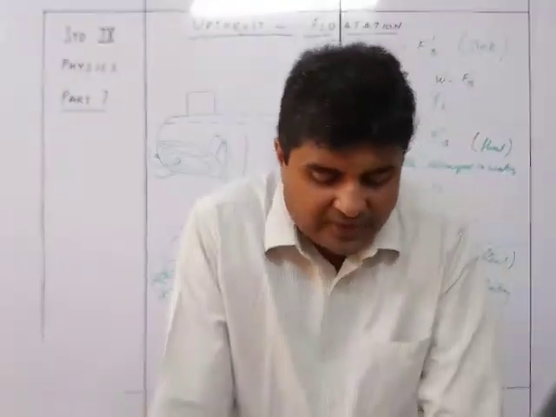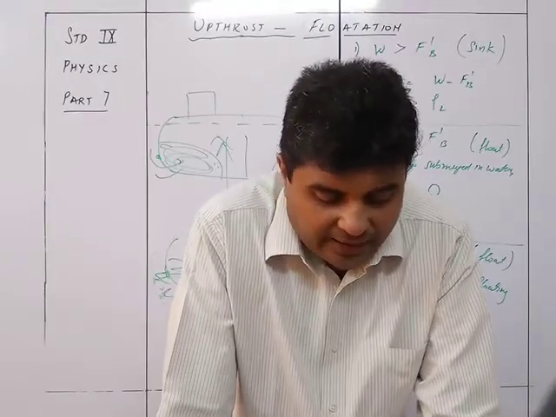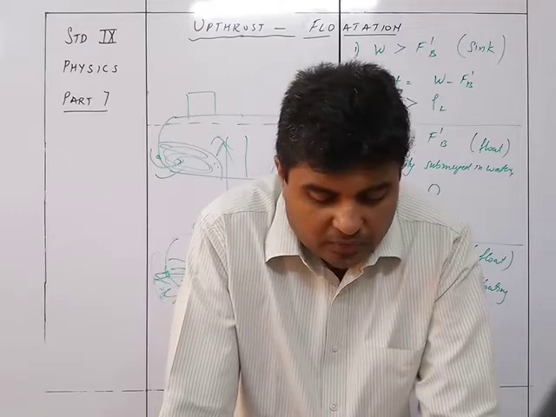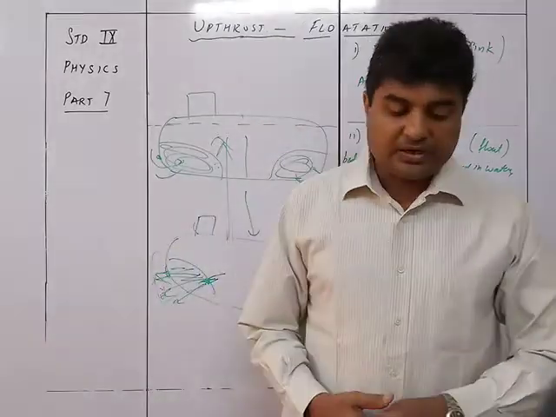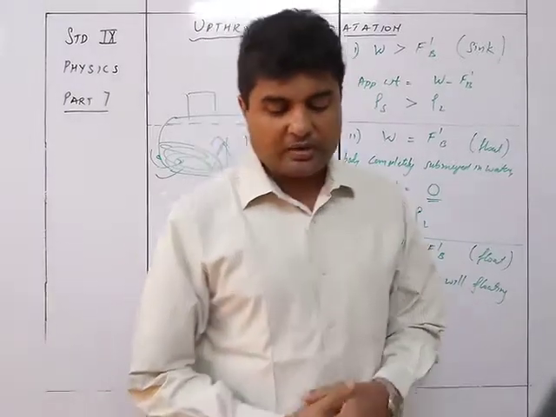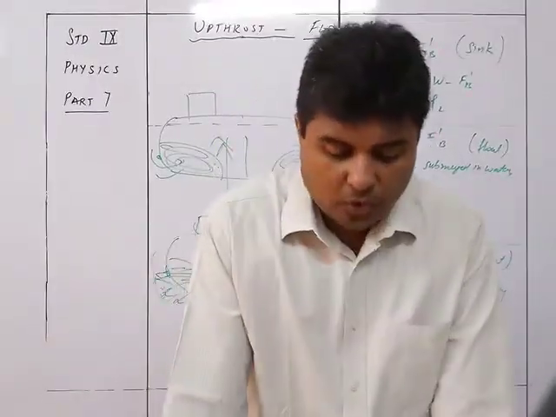For example, iceberg rho is 0.917 and water is 1.0, so the submerged volume is 0.917 V, that is 91.7% of its total volume below the water surface and only 8.3% of its volume above the water surface.